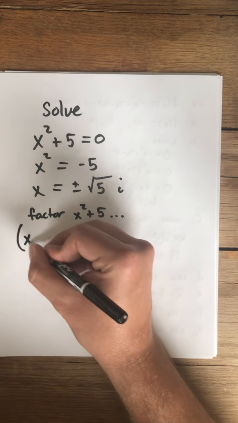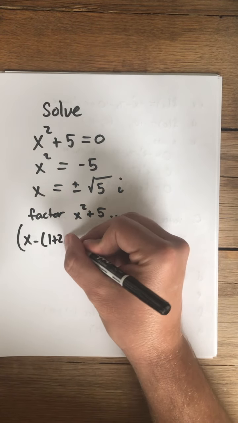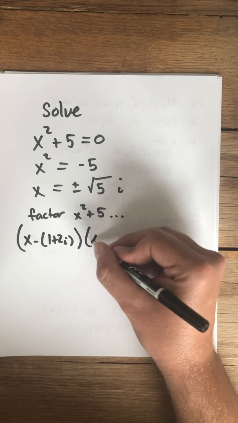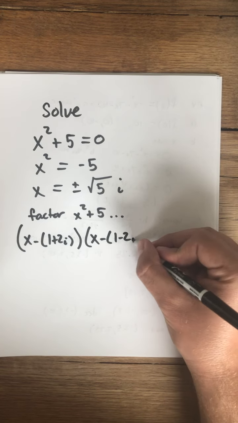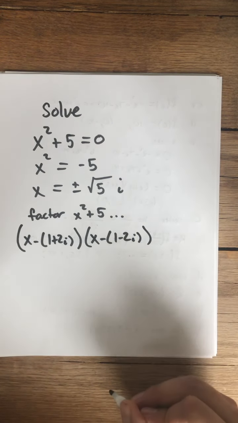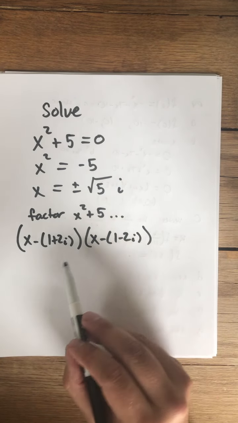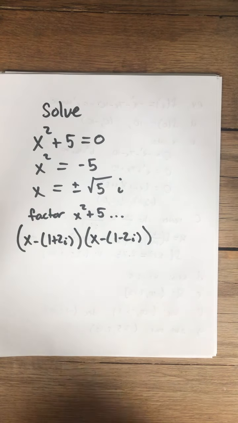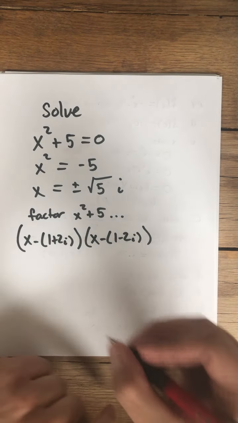But let's say we have x minus 1 plus 2i, and then x minus 1 minus 2i. We're going to simplify this and multiply it out, and take a look at how this property of complex conjugates works.